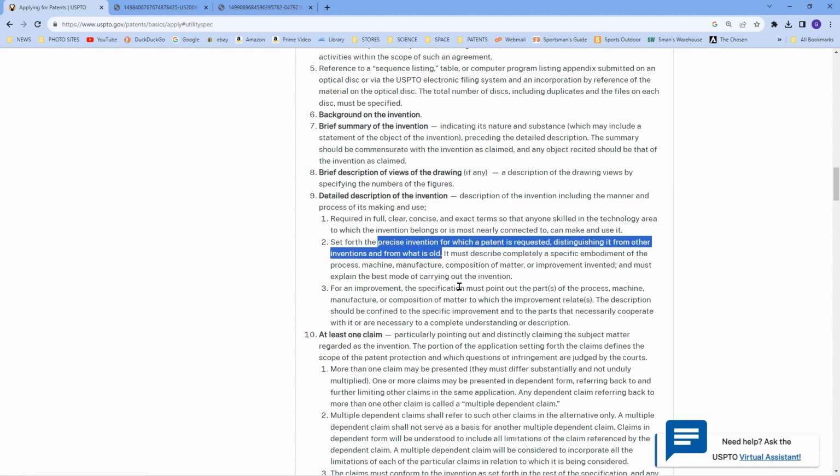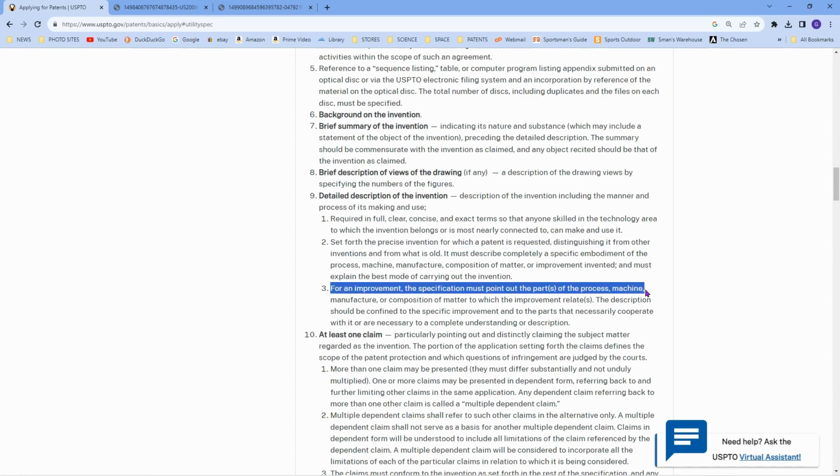And basically you're going to show what the unique components of your invention are in the drawings and in the specifications. And finally, number 3, you actually have to point out the specific components of your invention and how they are related to one another. In other words, how are they combined to specifically create an improvement or a better operating invention.